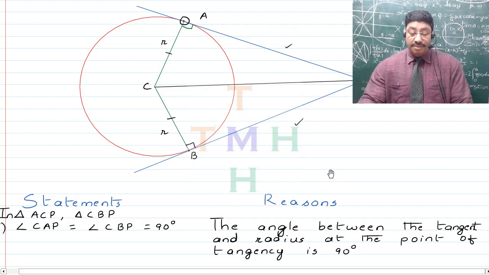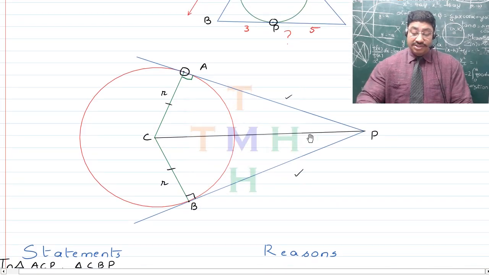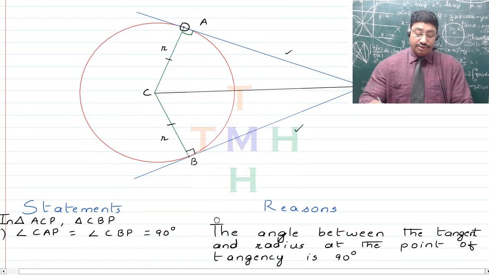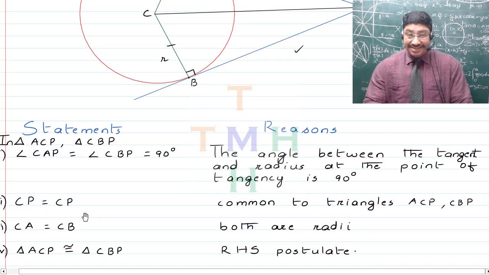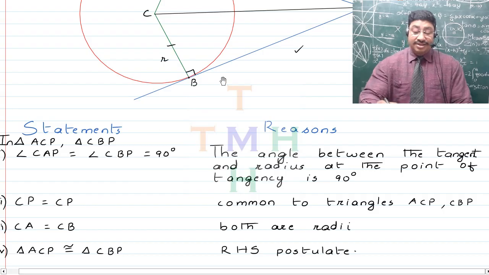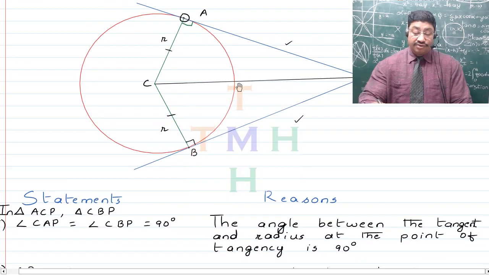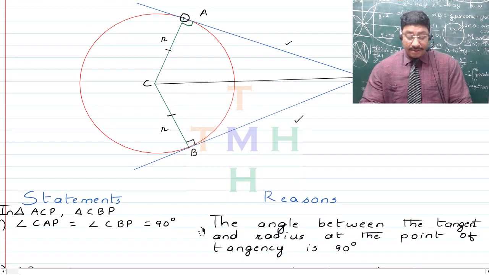Now after this we come over to the second point, where we will say that CP is going to be equal to CP because both of these are identical, and they are common sides of the two triangles that we are talking about, right?